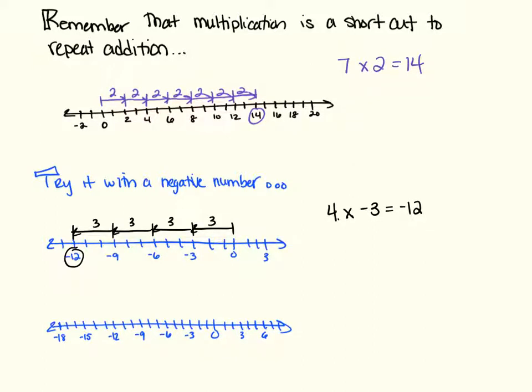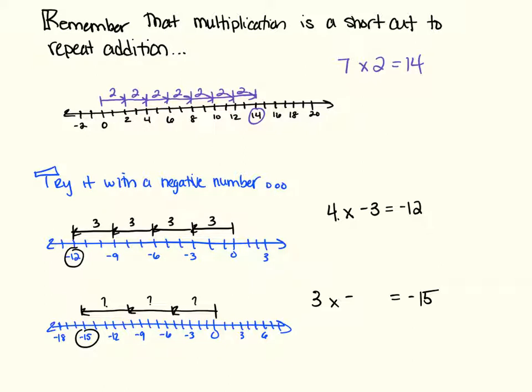Well, on the next one, try to figure out what the question marks are. What is the distance of each arrow? Because you can see that it's 3 representation. So it's going to be 3 times that negative number, okay? And it's going to end at negative 15.